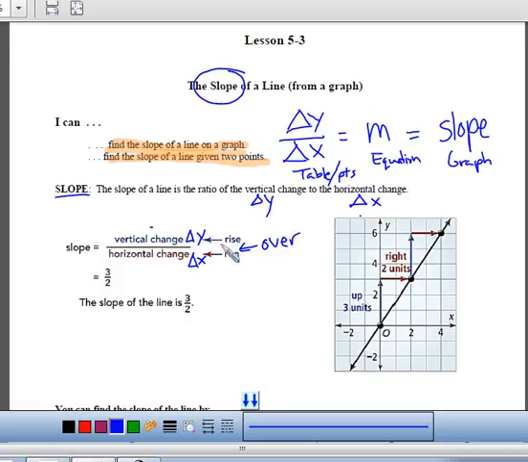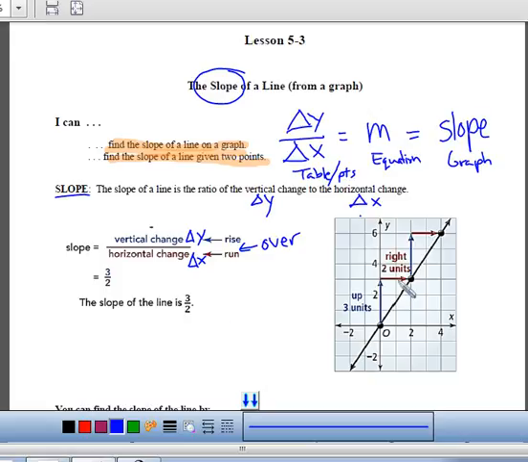It is called the rise over the run. When something rises, it goes up. If it rises negatively, it goes down. So up and down is the vertical change. Run is side to side. So that's why it's the x. So rise over run is a way of remembering change in y over change in x.